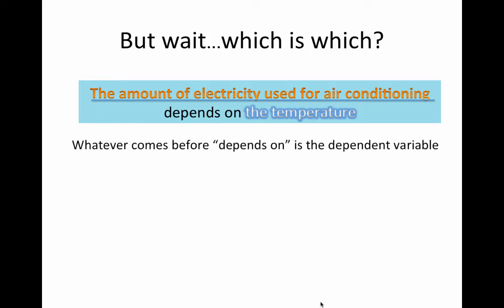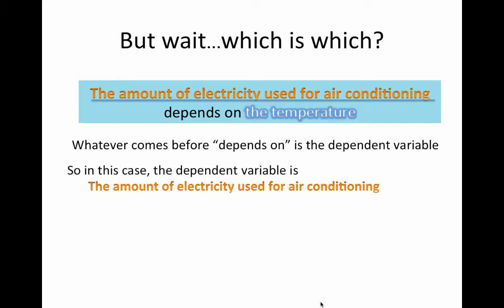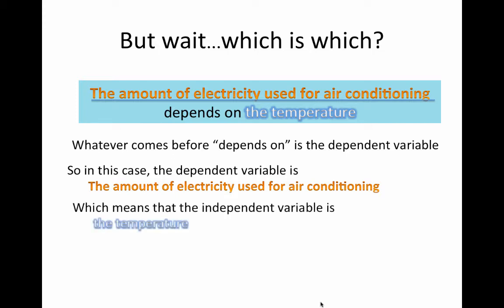It depends on something, so it's dependent on something. So in this case, the dependent variable is the amount of electricity used for air conditioning, which means that the independent variable is the temperature. So right now, we've taken a situation about the amount of electricity and the temperature and figured out what the dependent and independent variables are.